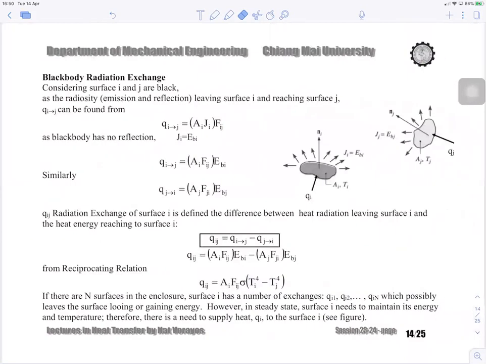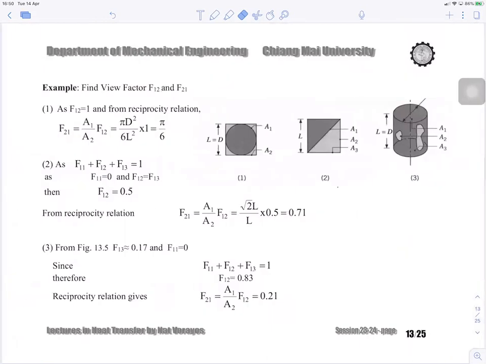Right? Now, at this point, I will make a summary. The summary is that you can find Q, the radiation from surface i to surface j. How do you find it?